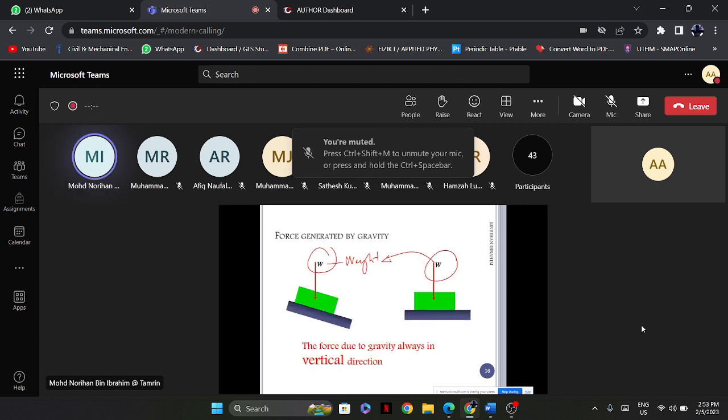Remember that? W is always directed downward vertically, in whatever situation of the plane itself, whether it is a horizontal plane or an inclined plane, it will always be directed downward for this W.